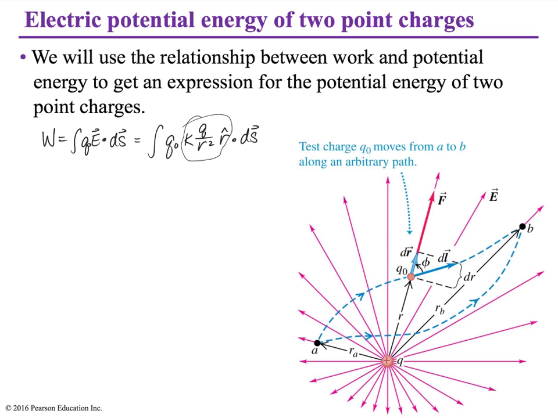The only displacement that will matter as the particle moves from point A to point B is in the radial direction.